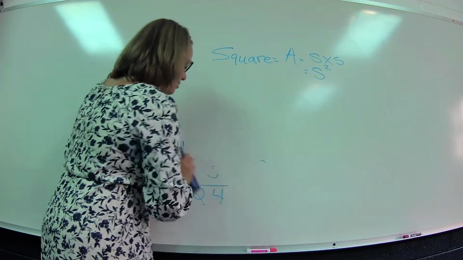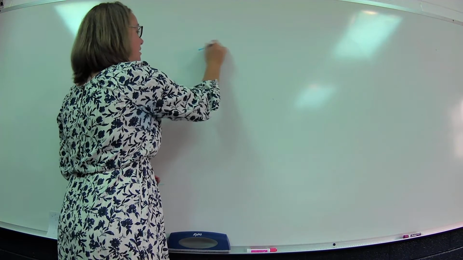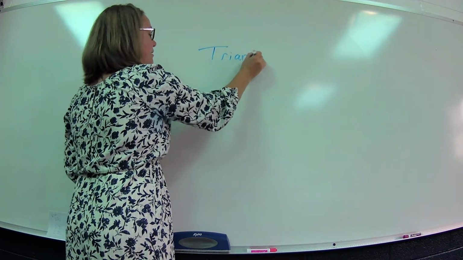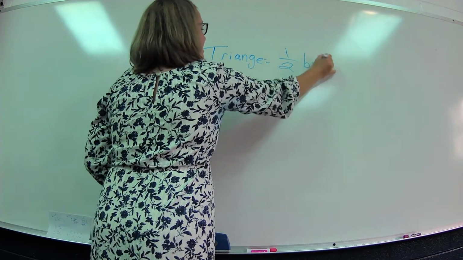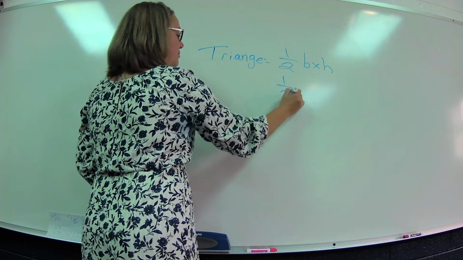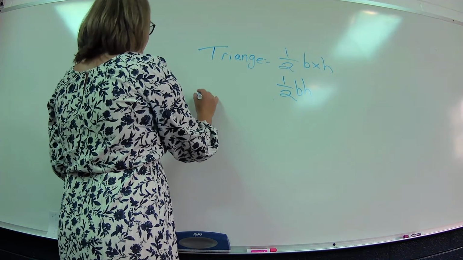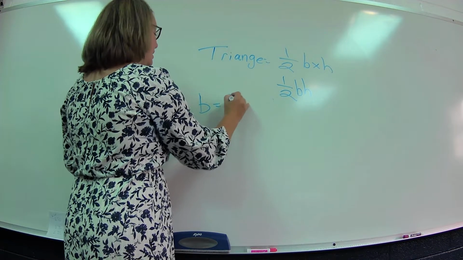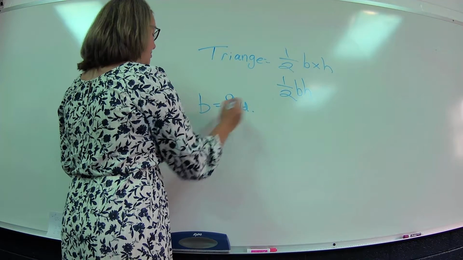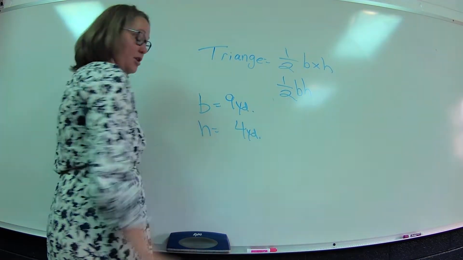Now before we close, we're going to quickly look at a triangle. All right, so a triangle, area equals 1/2 of base times height. You'll also see it 1/2 base times height. So this time I'm going to give you a base, and the base is going to be 9 yards. The height is 4 yards.